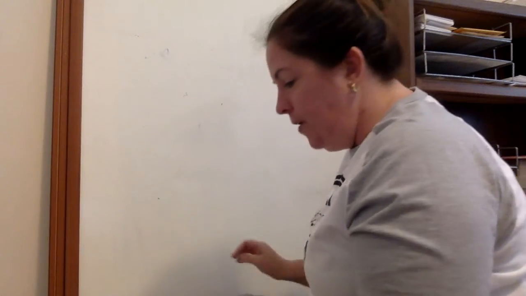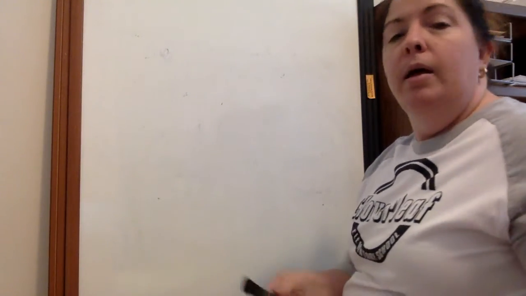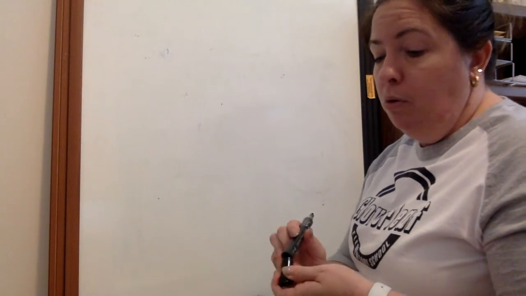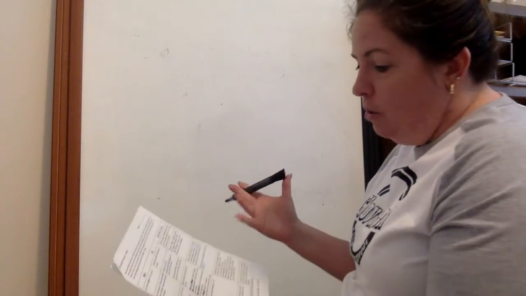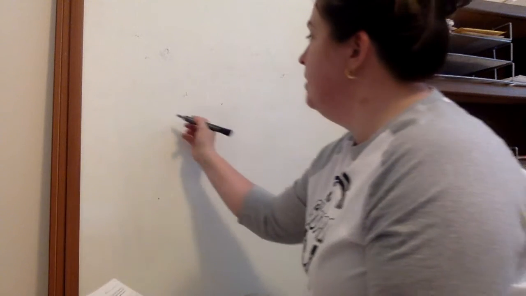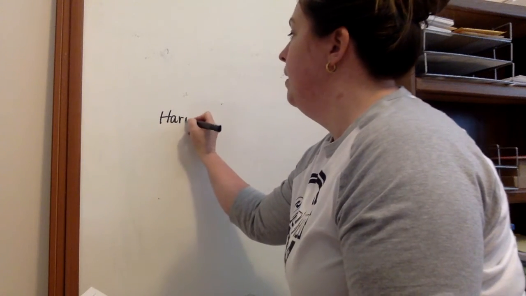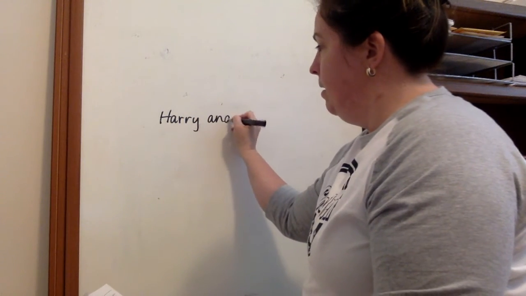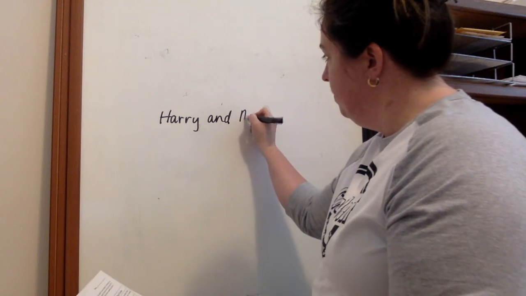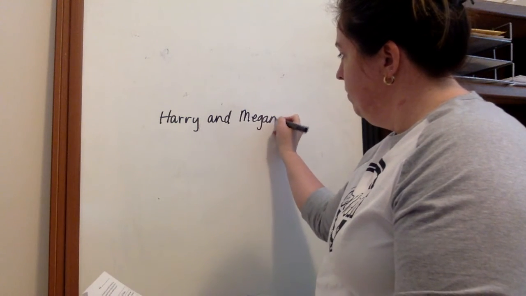And then finally, we have our pronouns, where we replace nouns with a different word, an alternate word, or a pronoun, okay? So our first sentence, Harry and Megan, right?